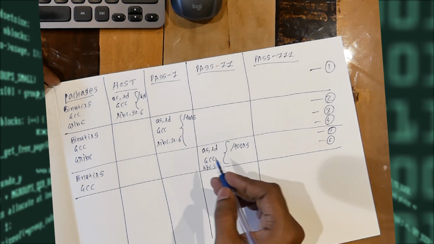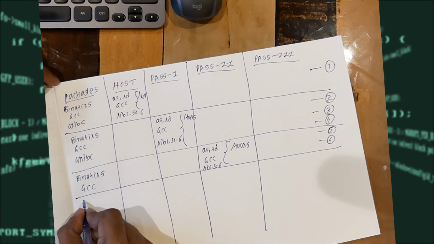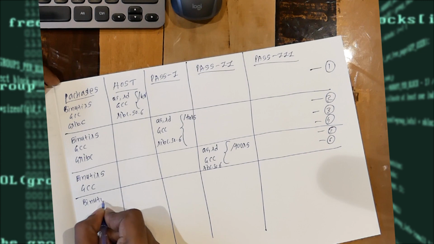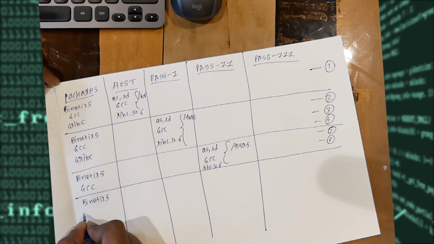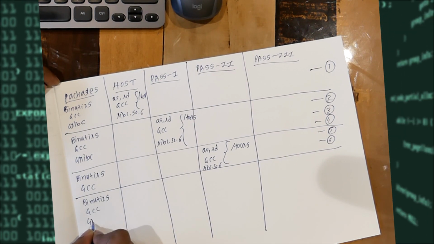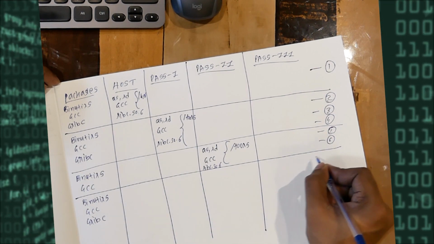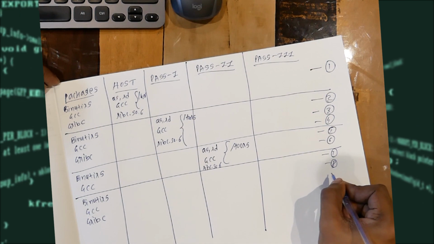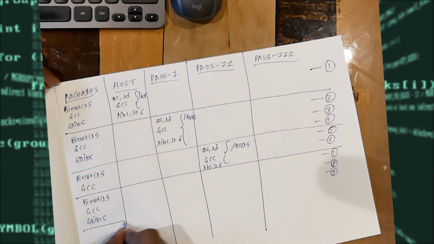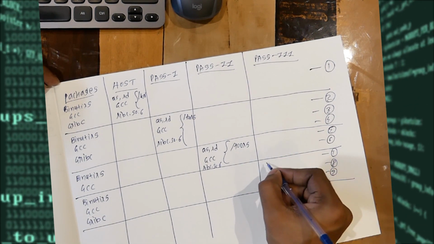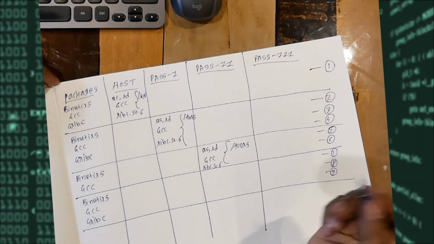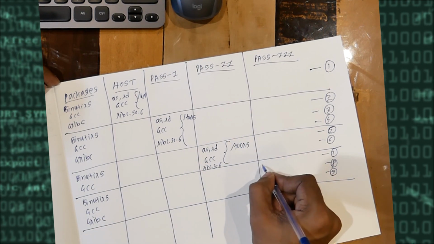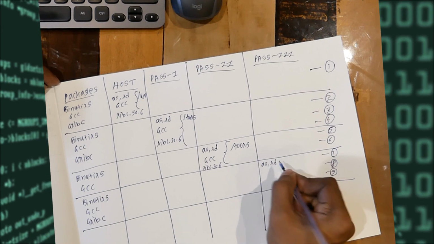We will be recompiling the same Binutils, then our GCC and Glibc. That will be our 6th, 7th, 8th and 9th iterations. So Binutils we will recompile with the same tool chain, and it will provide us AS and LD.